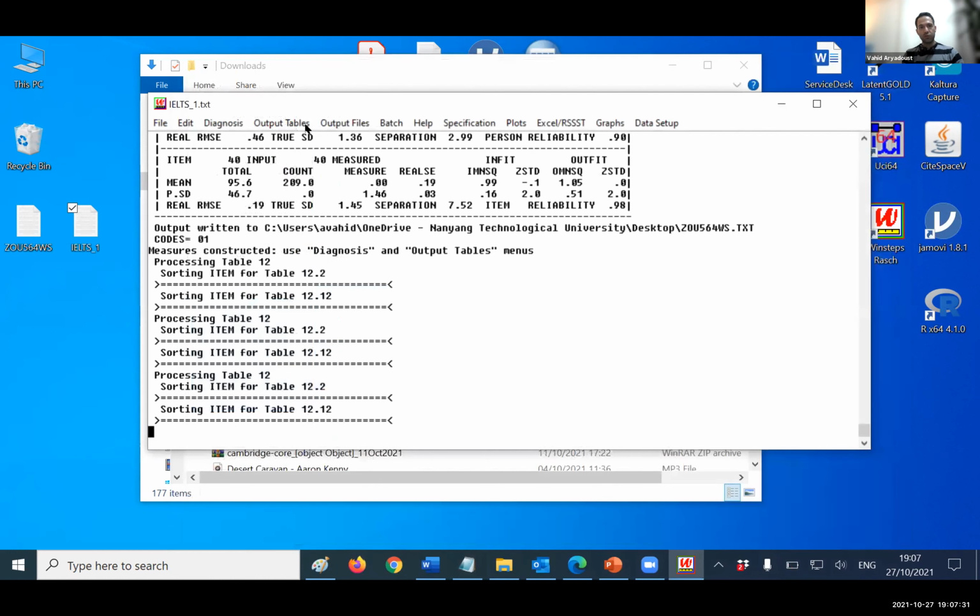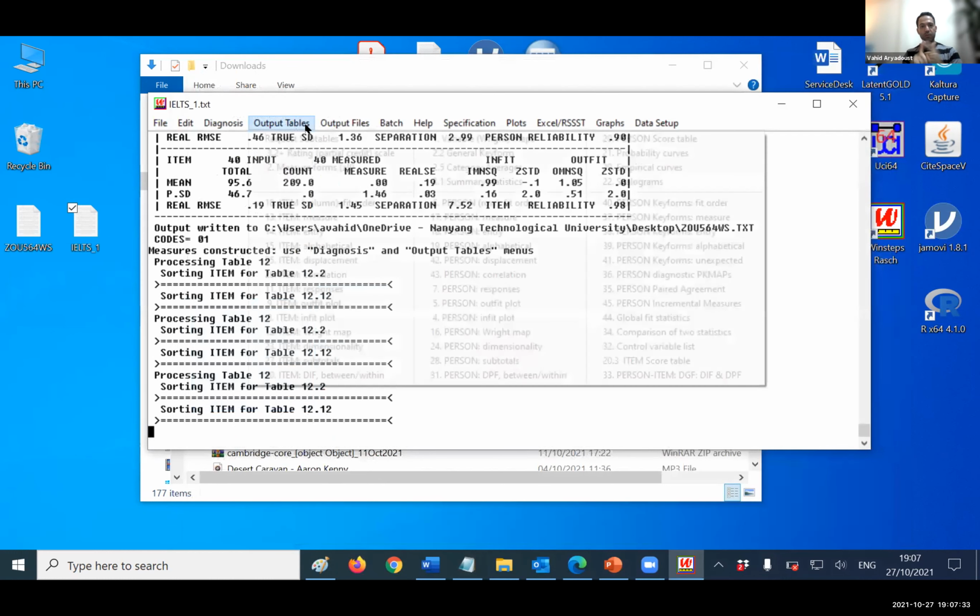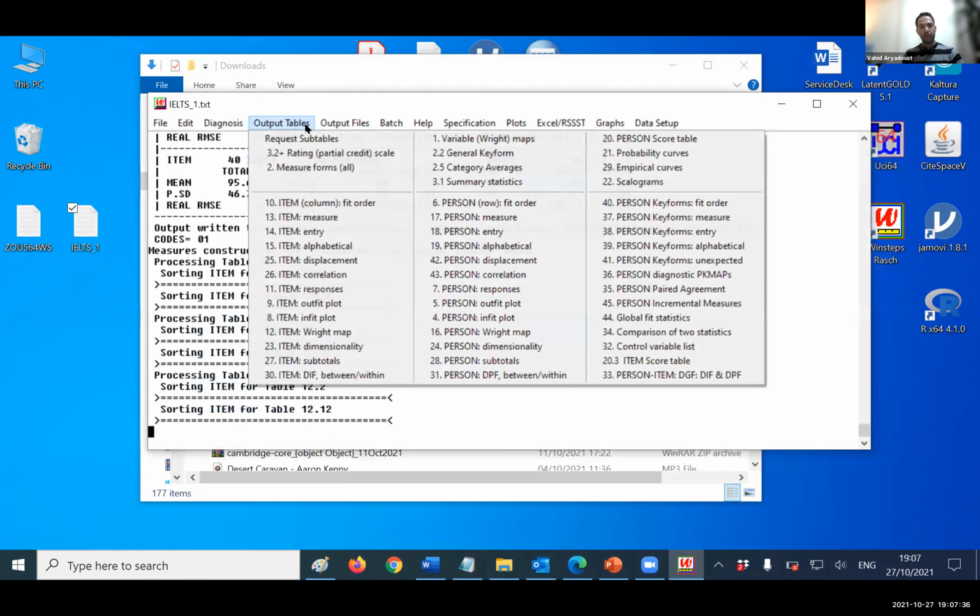Okay, guys, so let's go to output tables. So that was number one. Number two is output tables. Tables 10, 13, and 14 will give you the same thing, but they have been arranged in different ways. So let's go through number 13. The items have been arranged based on their measures.